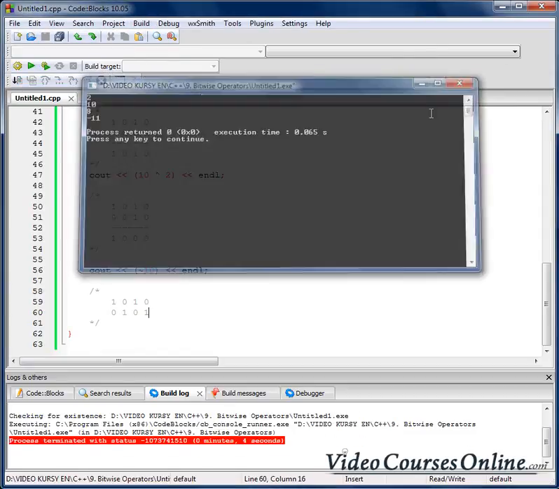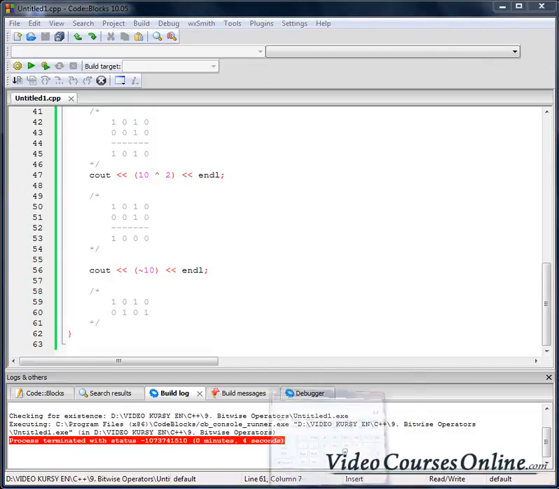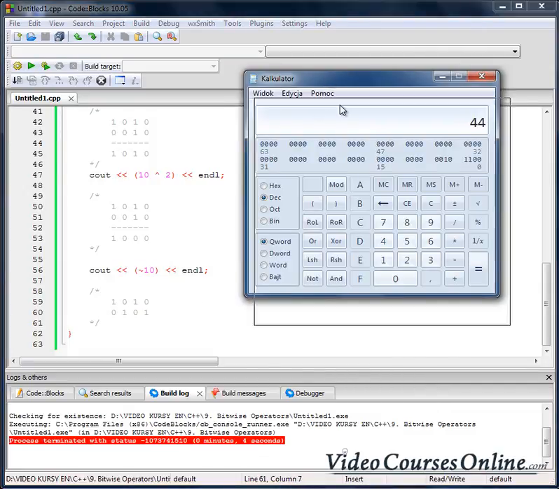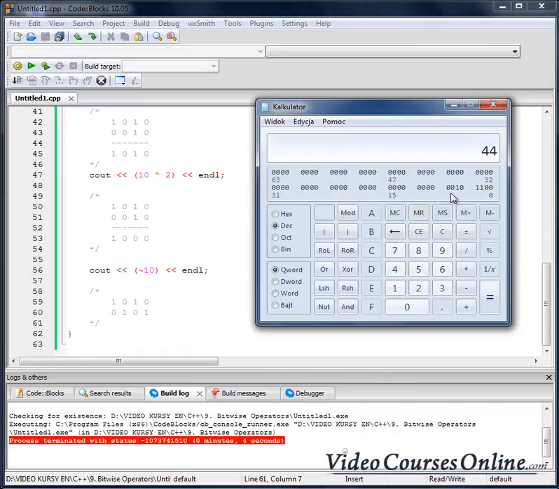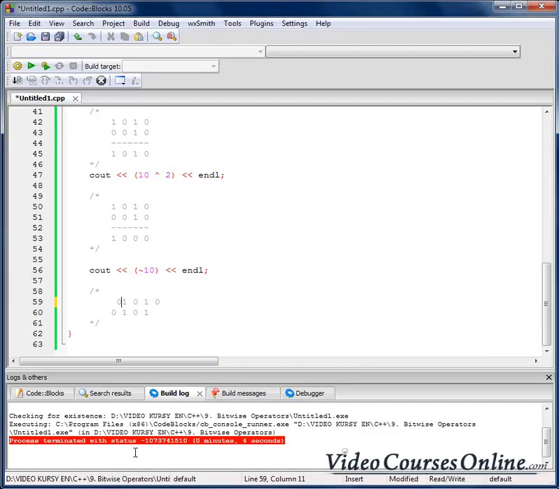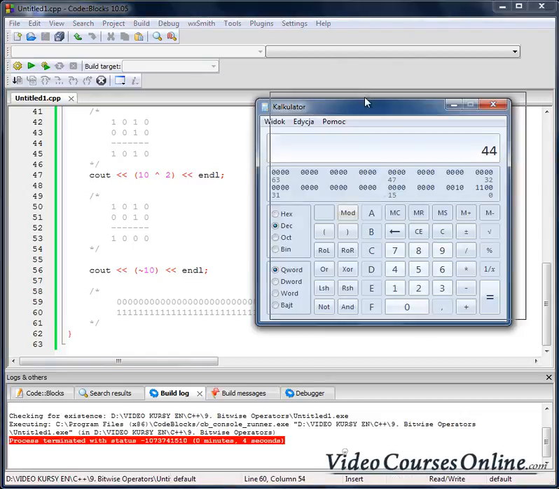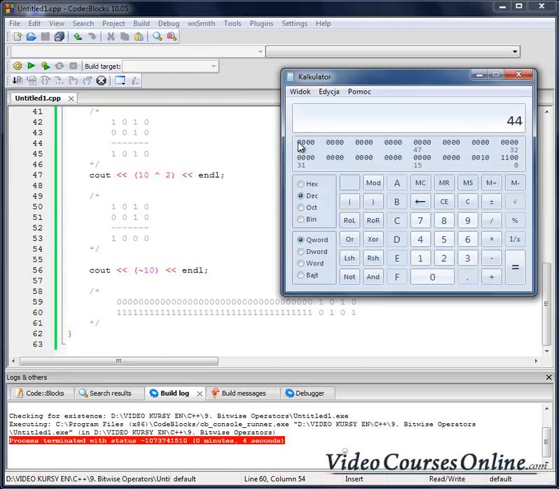minus 11. Why? As you have probably noticed when I was running that calculator here, look how many zeros we have here. So there are so many zeros, and all those zeros are changed to 1, right? Also, in programming, if you want to achieve a negative number, the first bit must be 1.